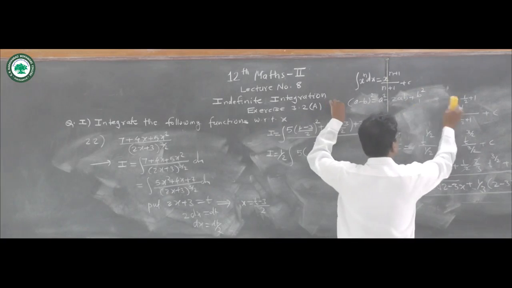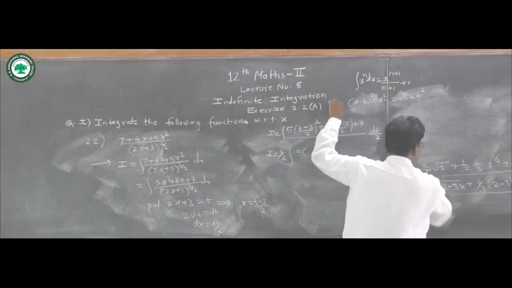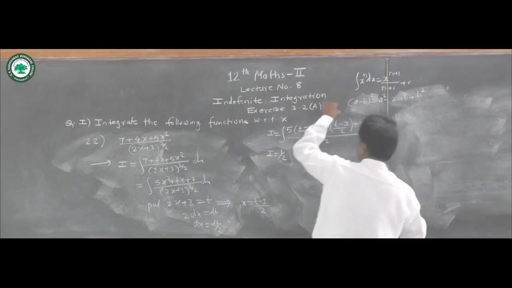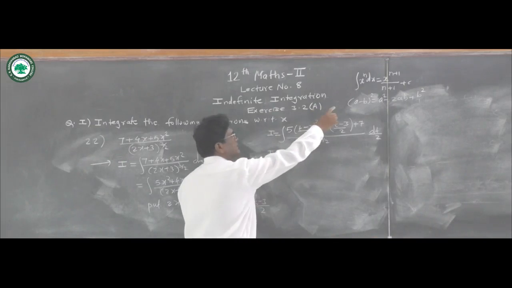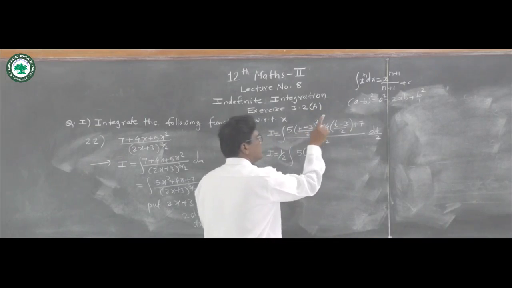So to expand the bracket, use this formula, (a - b) squared, where a is t and b is 3.